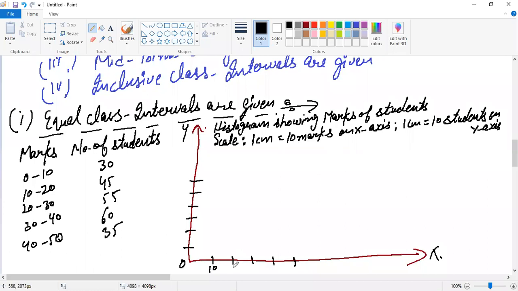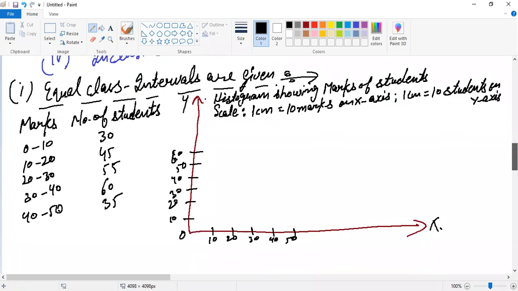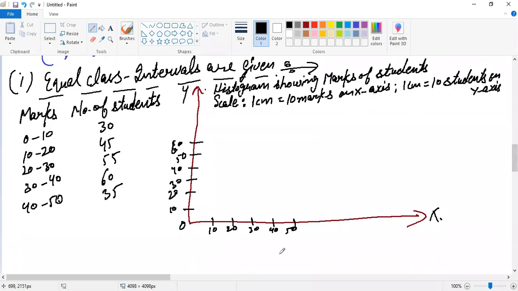Here we show the marks on the OX axis and number of students on the OY axis. Okay, so now we make the histogram.